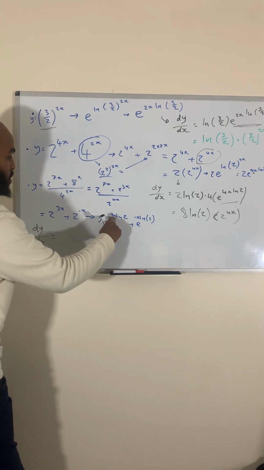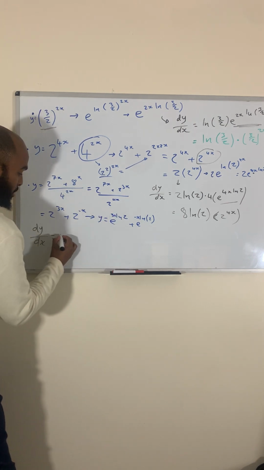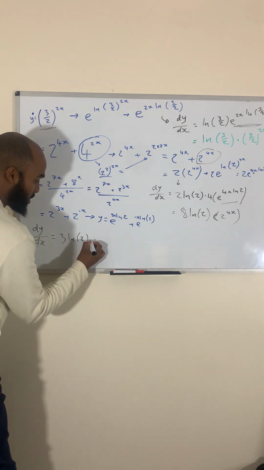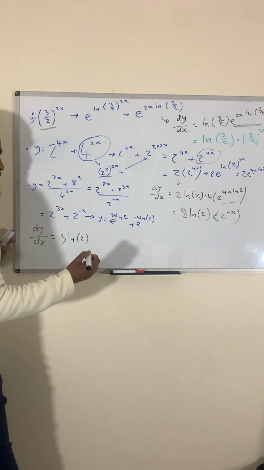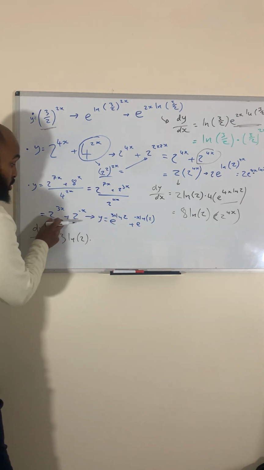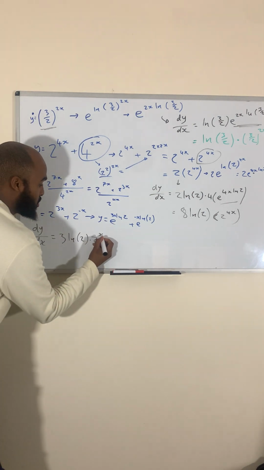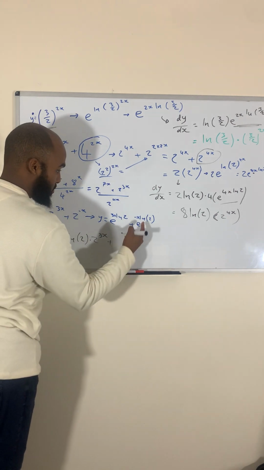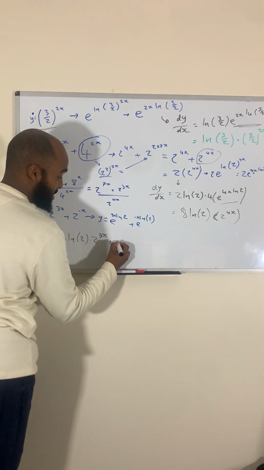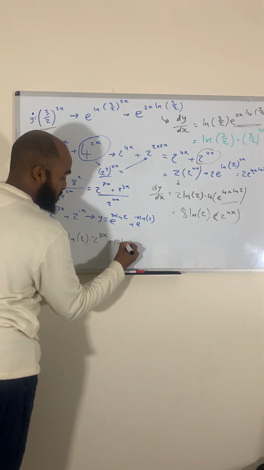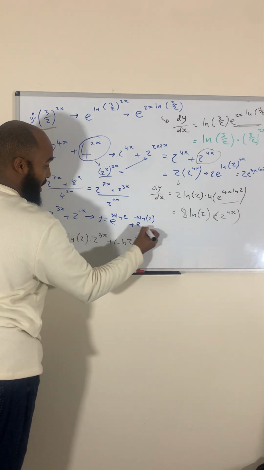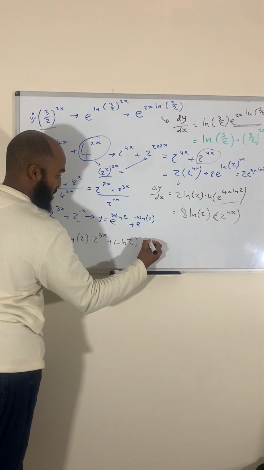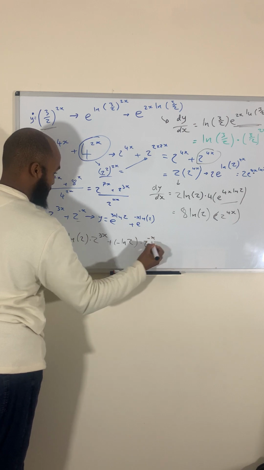If we differentiate this, you're going to end up with 3 ln 2 times everything in here, which remember just came from here, so I'll just write 2 to the power of 3x, plus, if we differentiate this, it's going to be minus ln 2, again, all of this again, which I'm going to replace with 2 to the minus x.